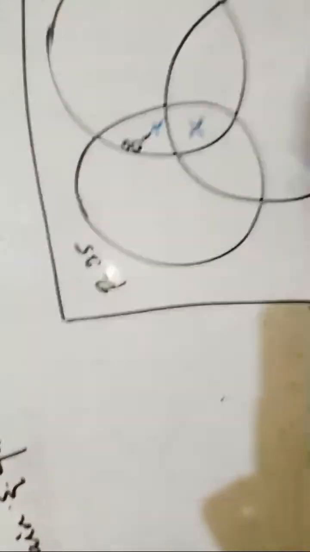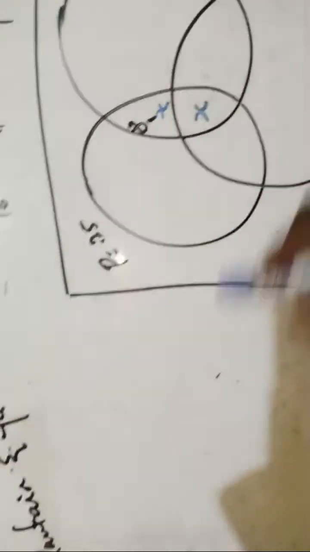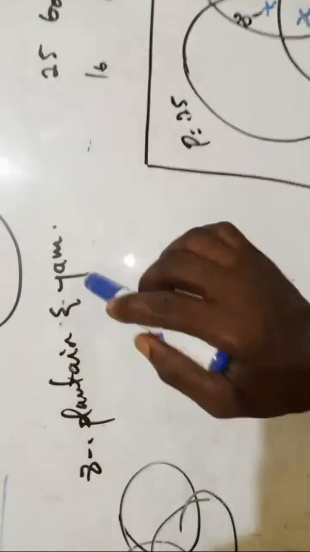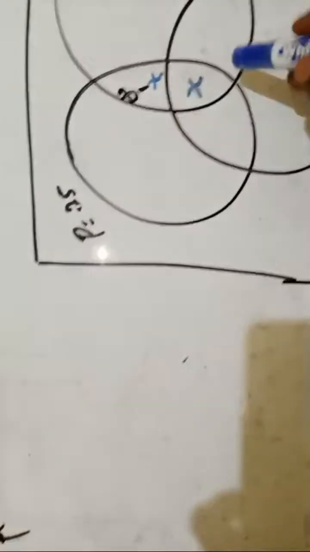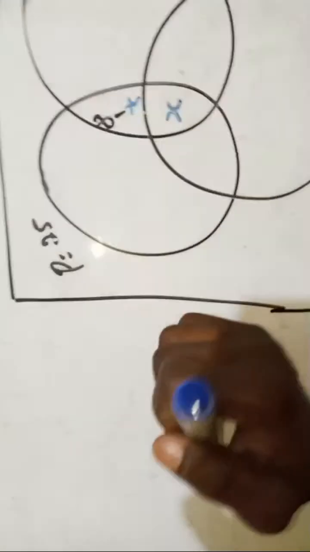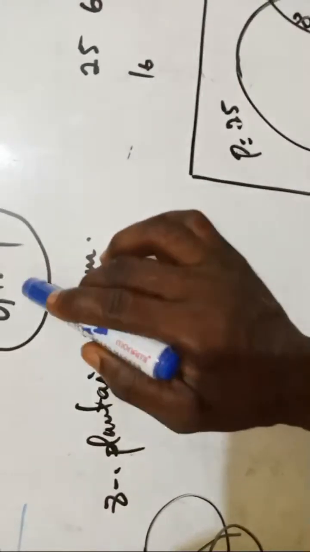Is that okay? So 8 minus the intersection. If the question didn't add the word only, you must subtract the intersection. Whatever the number is here, we are going to subtract that from this, because we didn't see any word only there.